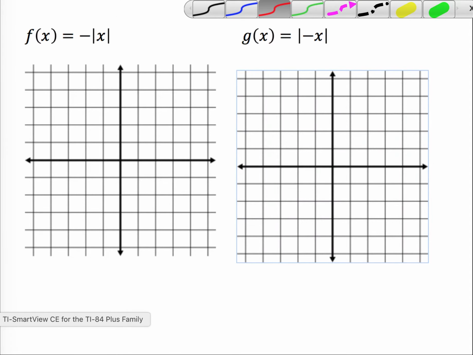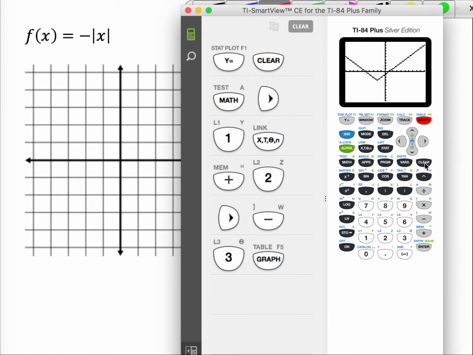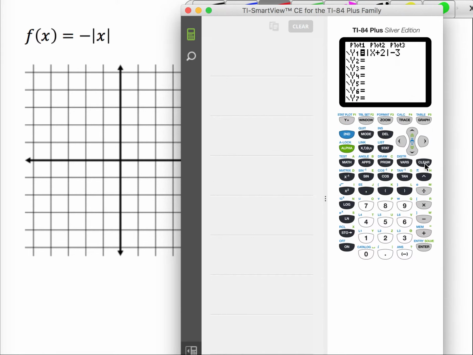We have 2 more that we're going to play with on our absolute value. Here's the next one. We want to go back to y equals, and I'll clear it out again. Each time I'll clear it out just so you get used to seeing where the absolute value is. That's a negative symbol out front. So here's your negative symbol. You don't want to hit a minus. The calculator will say error if you do.